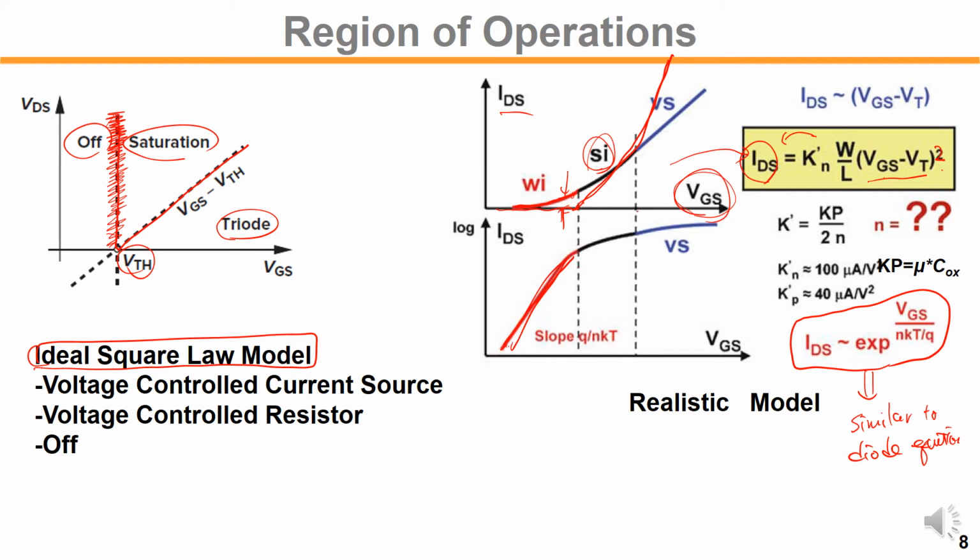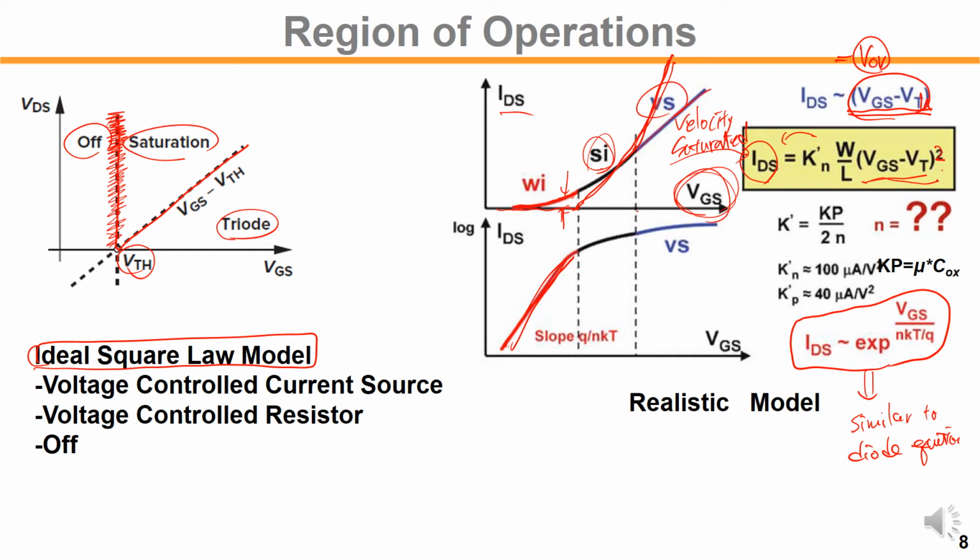But at even higher VGS, velocity is saturated, meaning the current no longer has a square relationship to VGS. It becomes linear in VGS minus VTH. So IDS is linearly proportional to the overdrive voltage. So current does not increase as much as in the square law model.